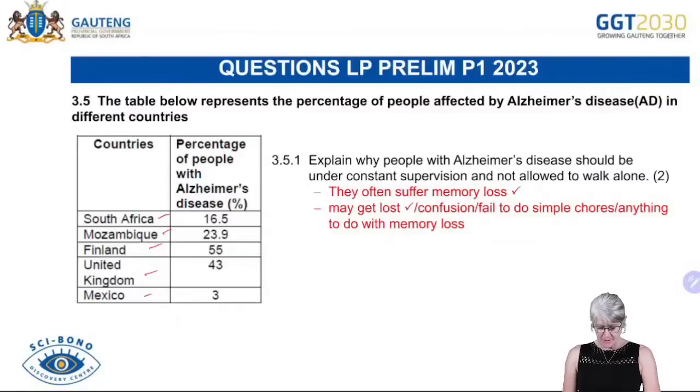So I must have a look at the numbers in here, and I can see my lowest number is 3 and my highest number is 55. So I need to work out a scale that is going to include all of those. But for my scale, I'm not going to use the exact numbers that are in the table.